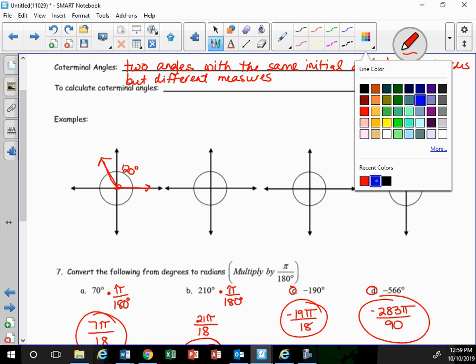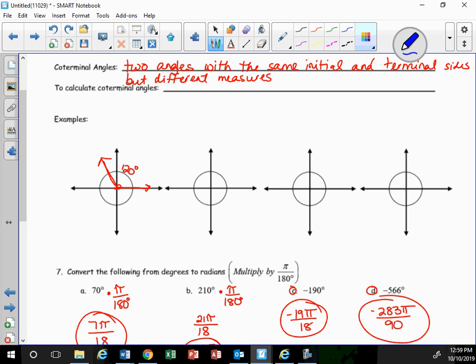What is the negative angle that's the same initial and terminal side? How could I label this if I'm going this direction? What would it be? Go ahead, Peter. Negative 240, yeah.